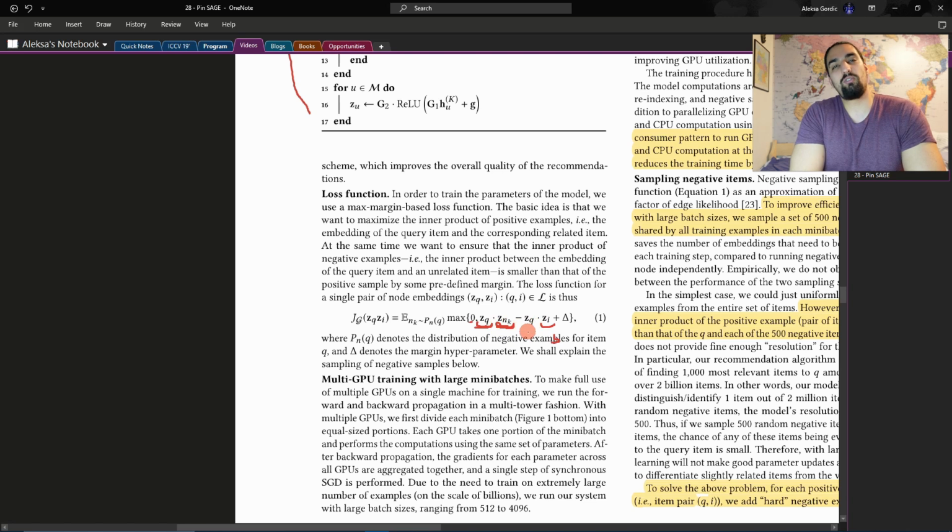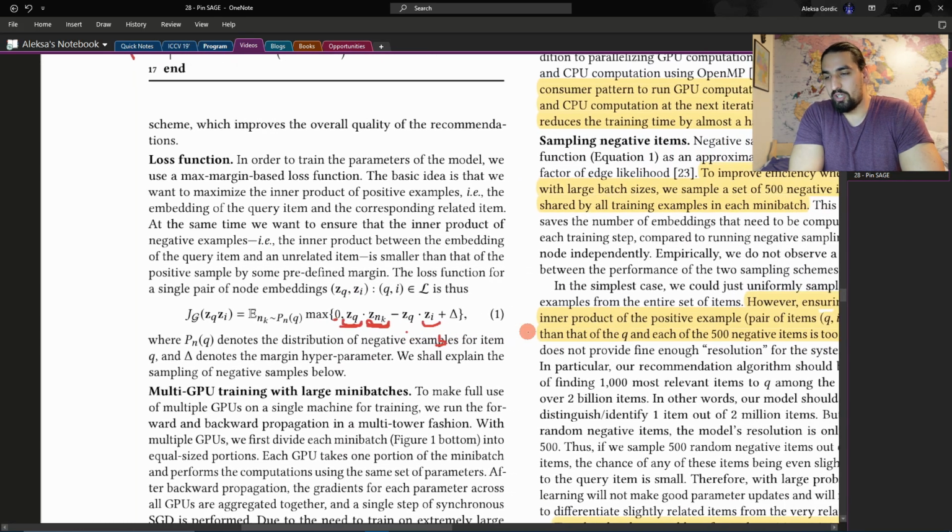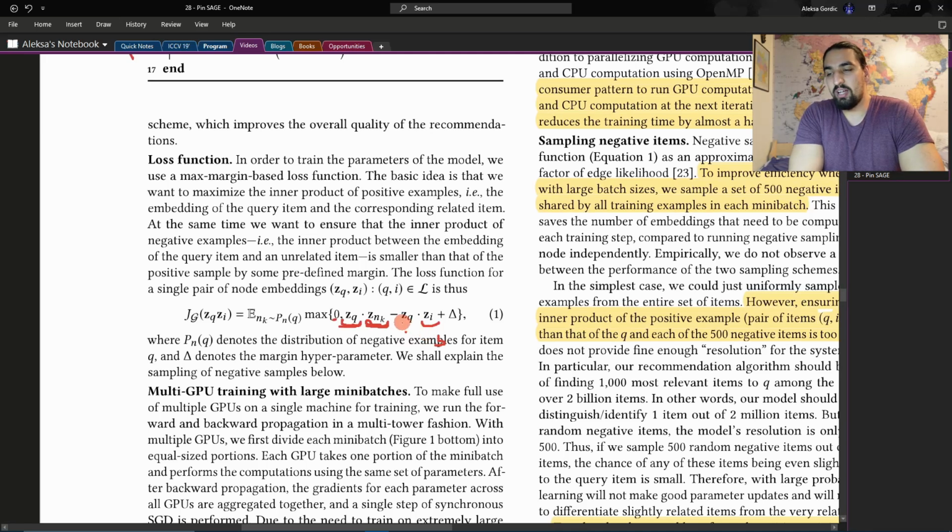The goal here is to make sure that the similarity between Q and I, which is by definition a related pin, is bigger than the similarity between Q and this negative sample by at least a margin.